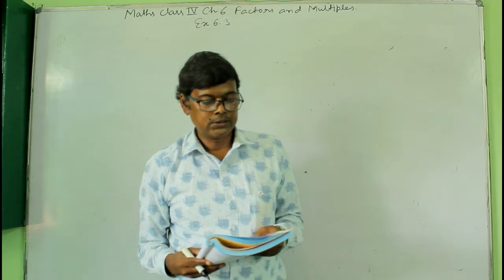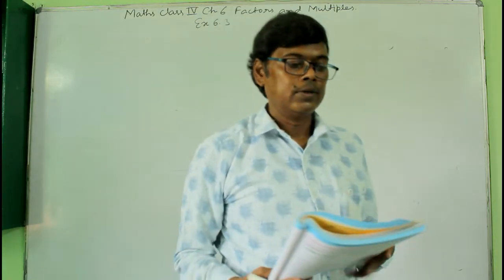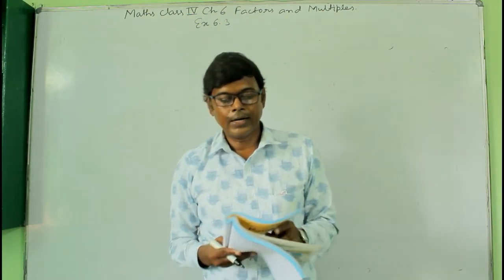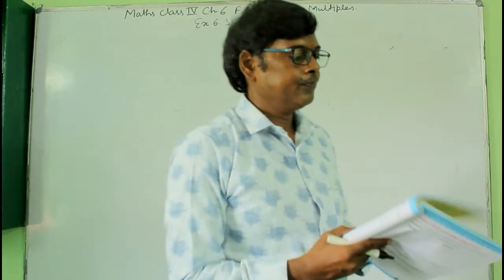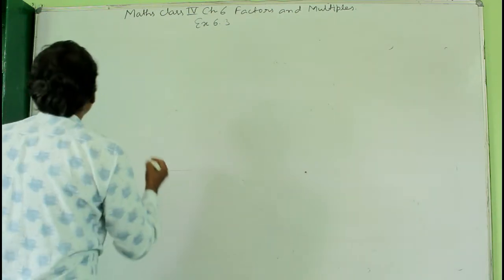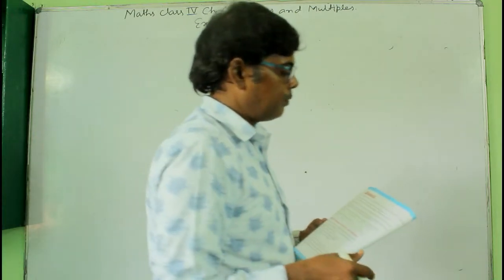Now I will start the exercise 6.3. Question number 1: write the first 6 multiples of 7 and 14 and find their common multiples. So first write the multiples of 7. Here it is given: write the first 6 multiples of 7 and 14.